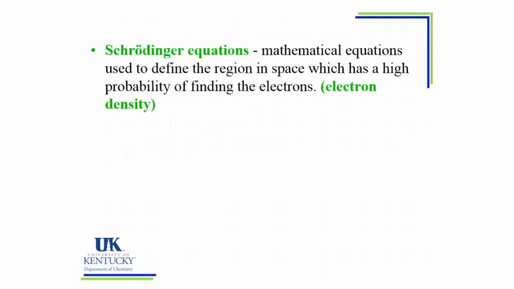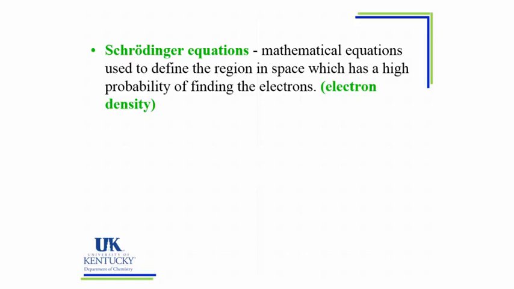Okay, so Schrodinger developed mathematical equations that are used to define these regions in space. These Schrodinger equations are quite complex. They take into account the particle nature of the electron, they take into account the wave nature of the electron, and they require a lot of calculus to define these regions in space.